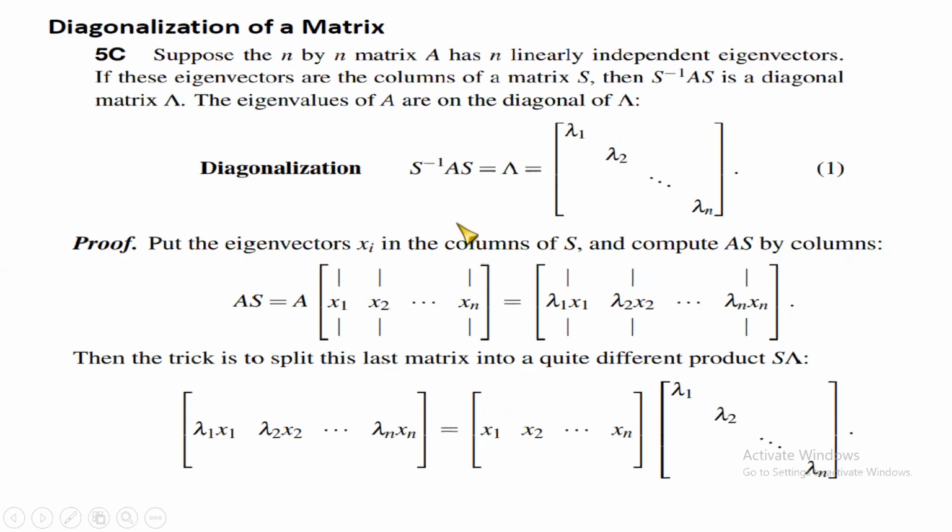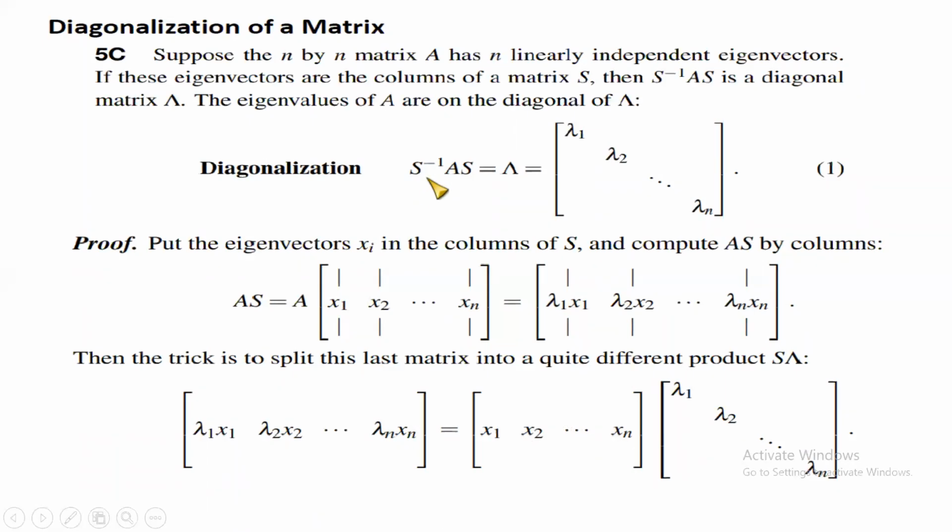Then the trick is to split this last matrix into two different products. Lambda 1 x1, lambda 2 x2, lambda n xn is to be divided into two parts.